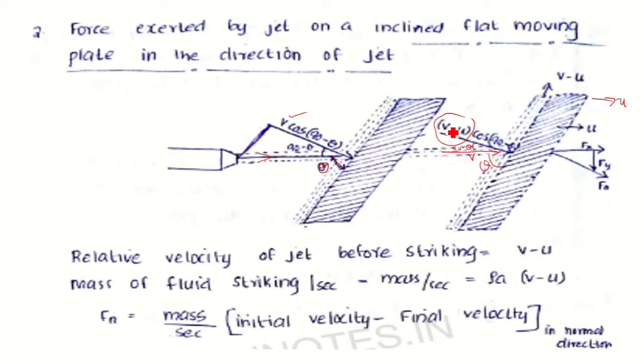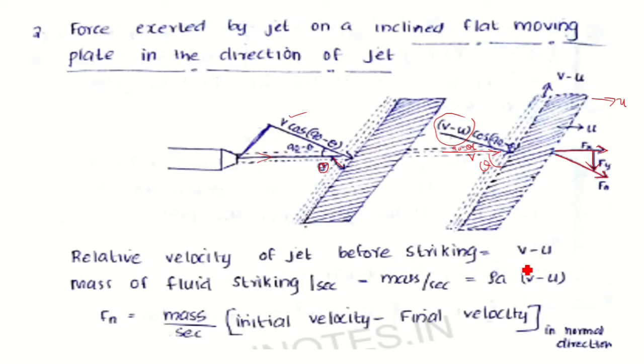So the normal component will be (v minus u) into cos (90 minus theta). So f of x will be in the direction of the jet. F of n will be the normal component of the force on the plate, and f of y will be the y component of the jet force.